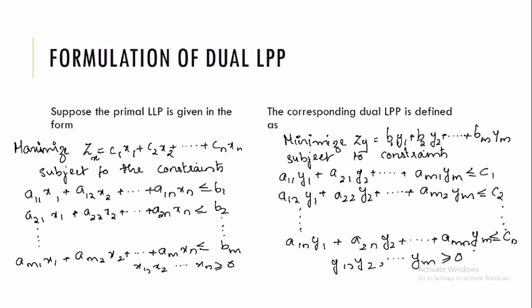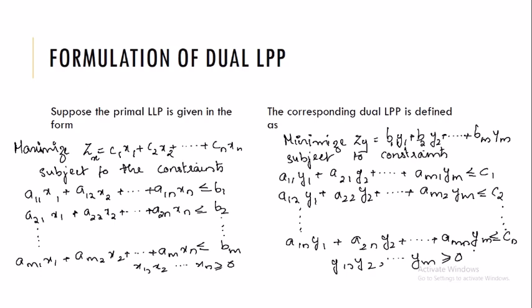So this is how you write the corresponding dual LPP when a primal LPP is given and if you are asked to do so. See, I know this is a bit confusing right now.